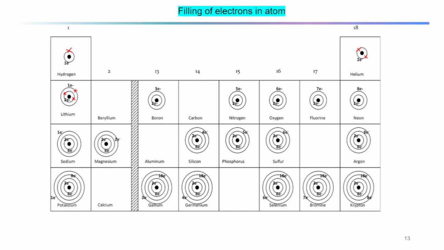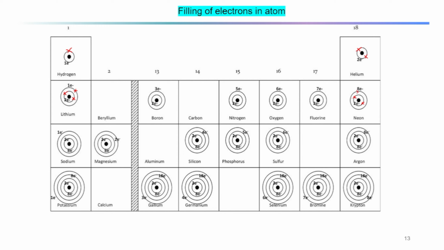Now one by one we will put electrons in the second orbit, and after lithium we will get beryllium, boron, carbon, nitrogen, oxygen, fluorine, neon. Let's see in the case of neon. We have 2 electrons in the first orbit, and we will have 8 electrons in the second orbit.